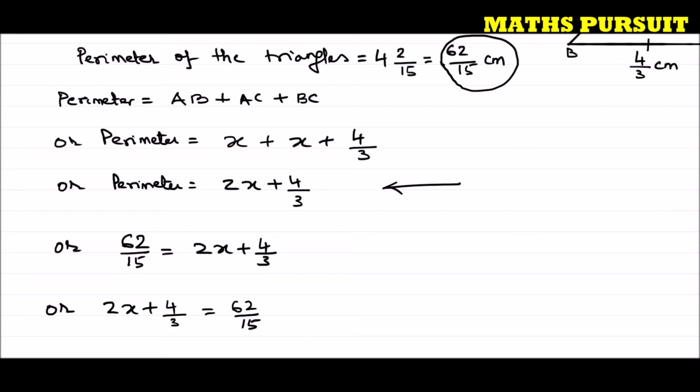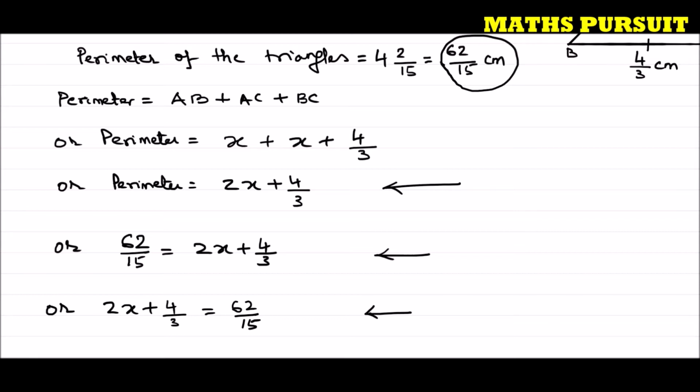I have reversed it and I am writing it this way so that it will be very easy for us to solve. So what we got in this step is 62 upon 15 is equal to 2x plus 4 by 3, or in other words, 2x plus 4 by 3 is equal to 62 upon 15.